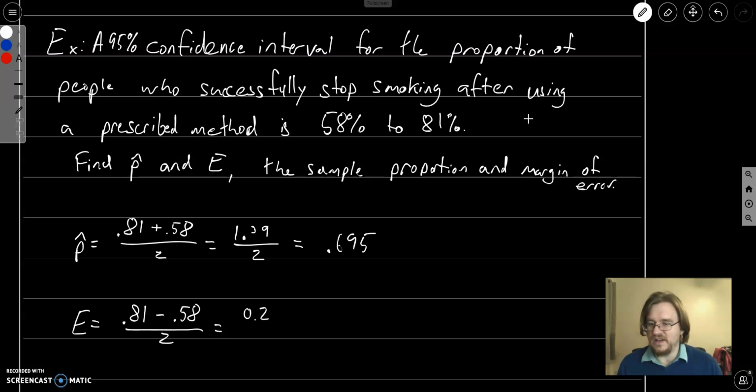Let's do this in my head a little bit. 0.23 divided by 2 is 0.115. So our margin of error was 11.5%, which seems quite big. So maybe there's only a small sample.